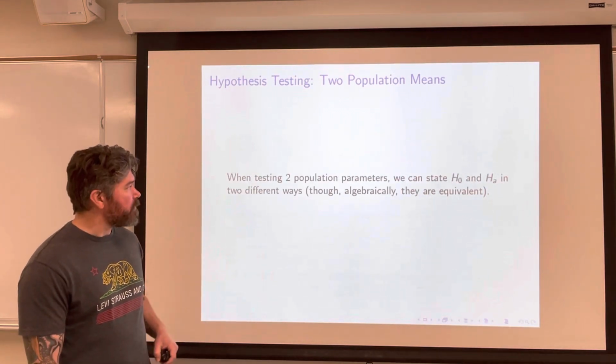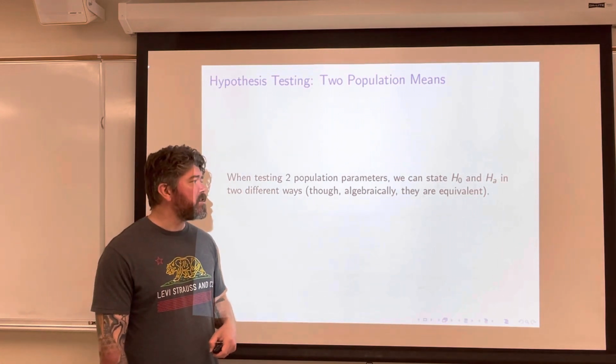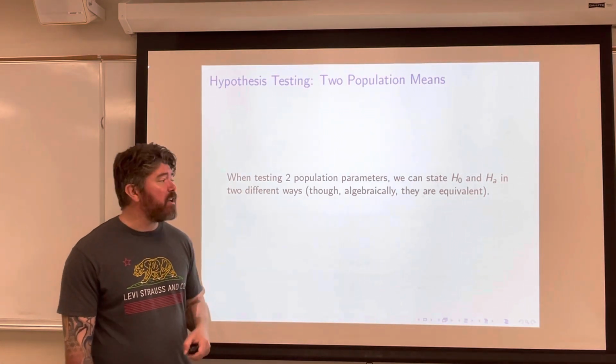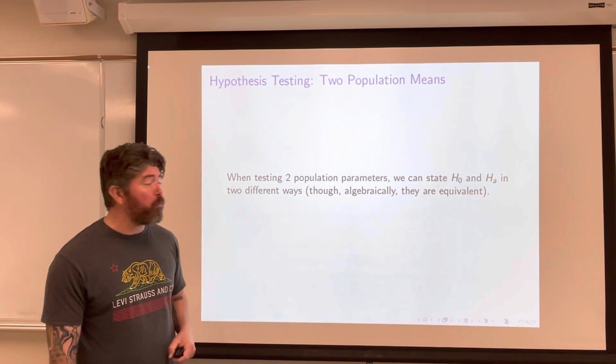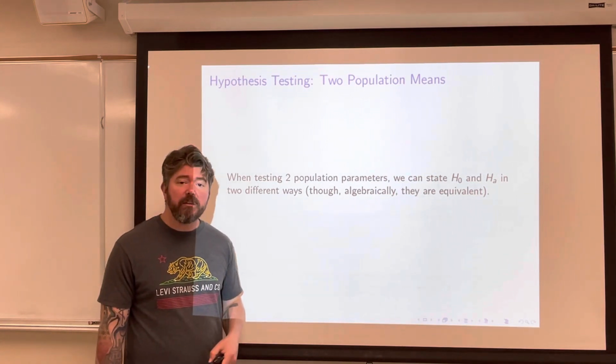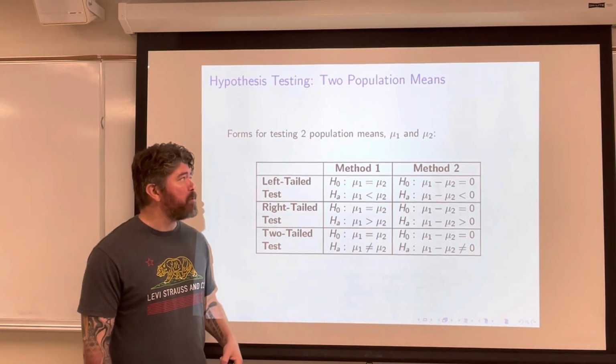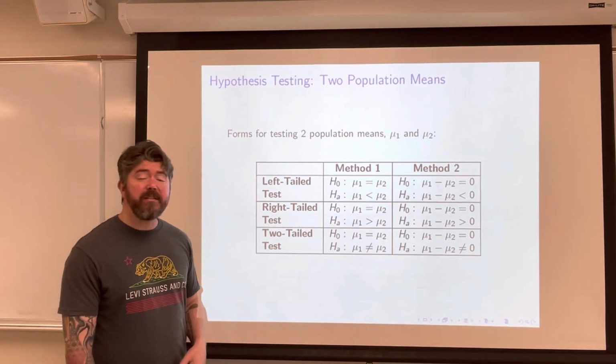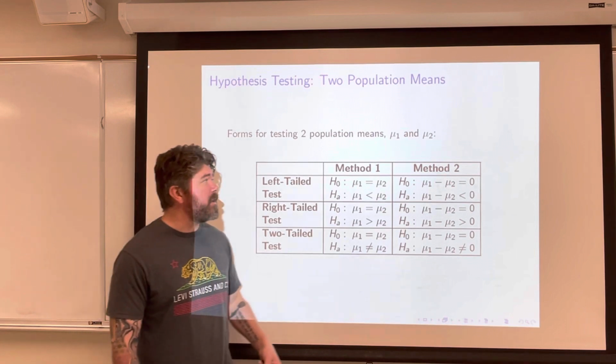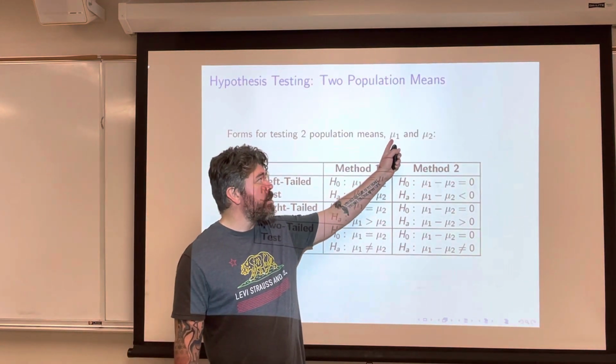When testing two population parameters, we can state H0 and HA in two different ways, though algebraically they are equivalent. Forms for testing two population means. And again, we're going to denote the two population means as mu1 and mu2.